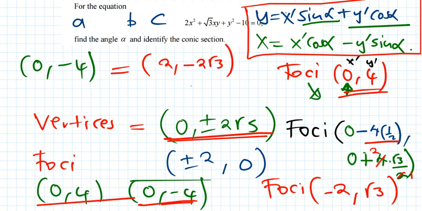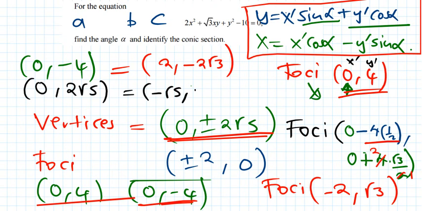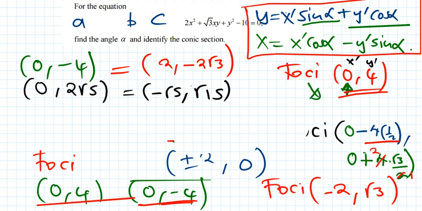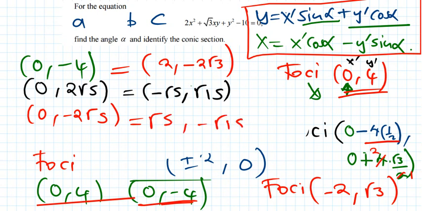And then for the vertices, if you convert the first one, which is 0 comma 2 root 5, the positive part is going to be negative root of 5 comma root of 15. Then you get the negative one, 0 comma negative 2 root of 5. It's going to be root of 5 comma negative root of 15.